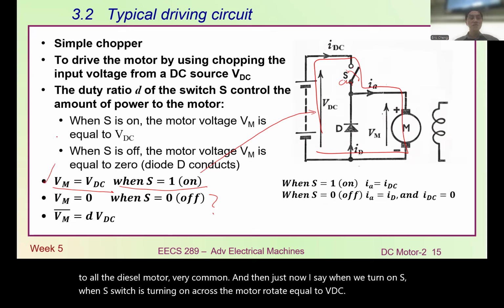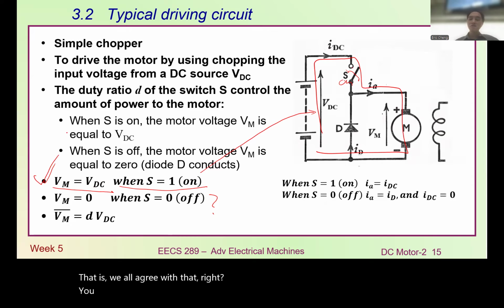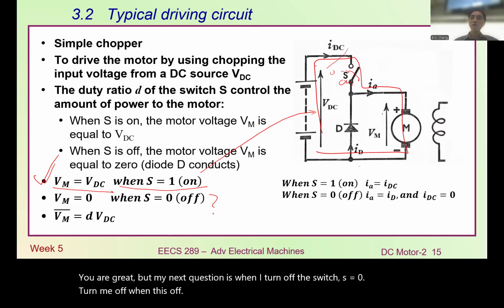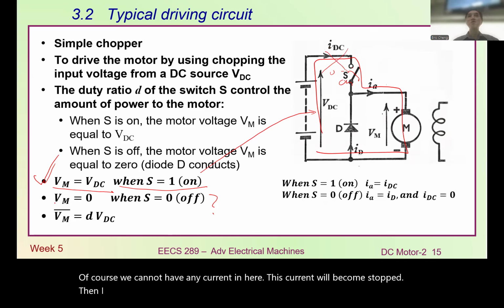We all agree with that, right? But my next question is, when I turn off the switch S, when this is off, of course we cannot have any current in here. This current will stop. Then I say the motor voltage Vm equals 0. Why is that?